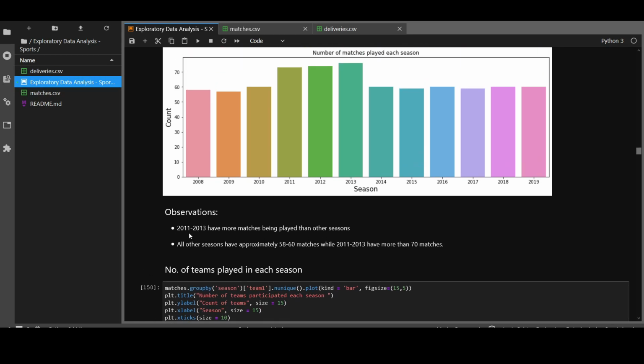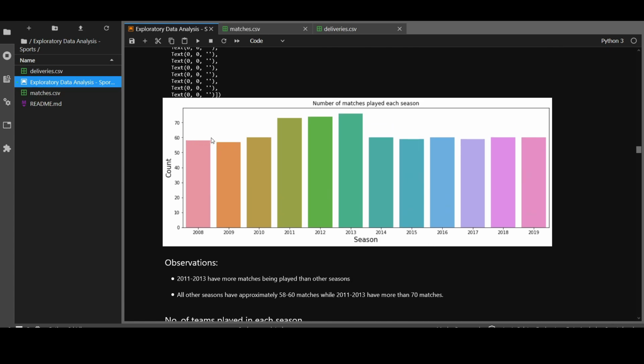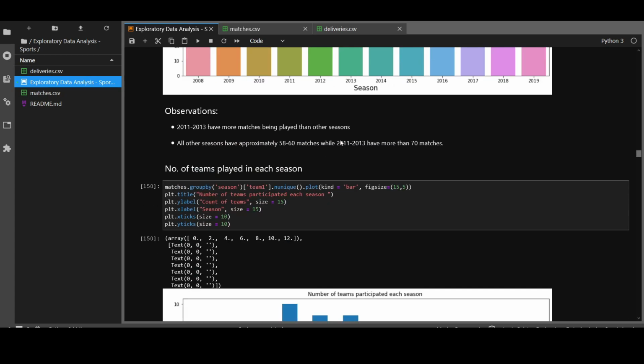So 2011 to 2013 have more matches played than other seasons, while all other seasons have approximately 58 to 60 matches. As you can see, the other seasons have probably fewer than 60 matches, and these three years, 2011, 2012 and 2013, have more than 60.